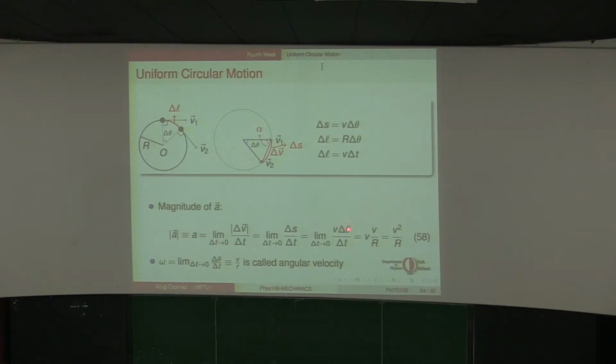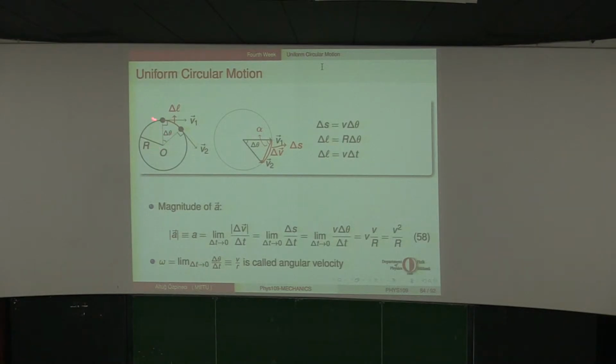Now here we had such a quantity, delta theta over delta t. But if you compare it with our definition of velocity, remember how we defined velocity was the difference in the position divided by the time it takes to make such a change in the position. Now delta theta is the change in the angle.